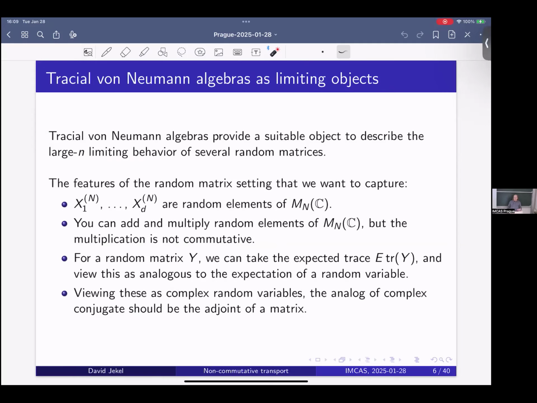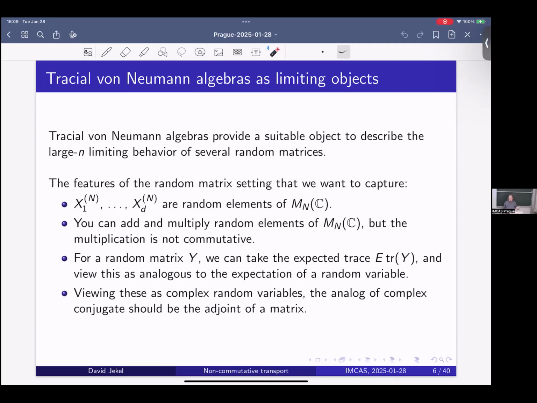You have to use these non-commutative objects, which can be tracial von Neumann algebras, or if you like, just a C-star algebra with a trace, depending on whether you feel like using a C-star algebra or a von Neumann algebra. And these are nice objects because the properties that you have for the random matrix setup are mirrored in the tracial von Neumann algebras.